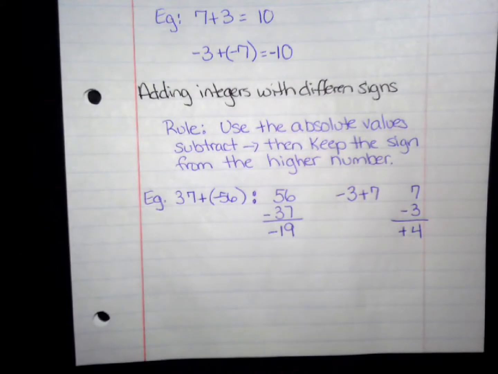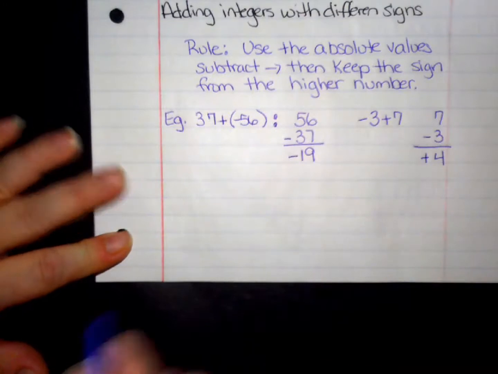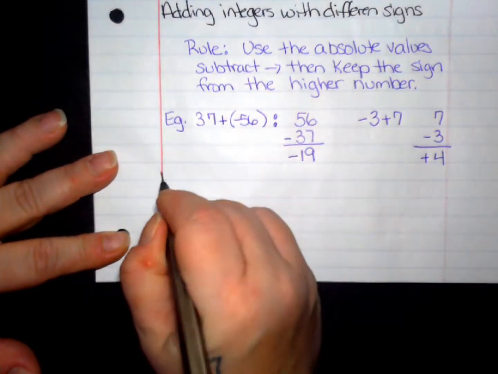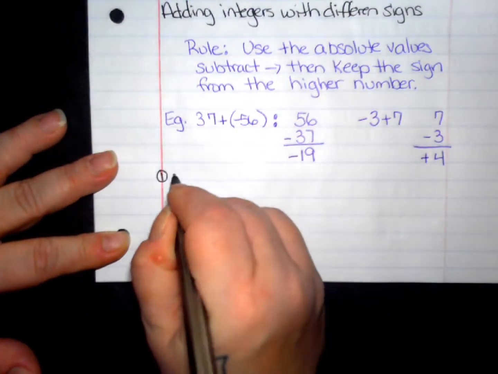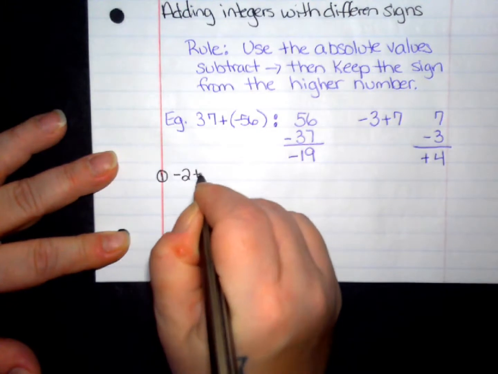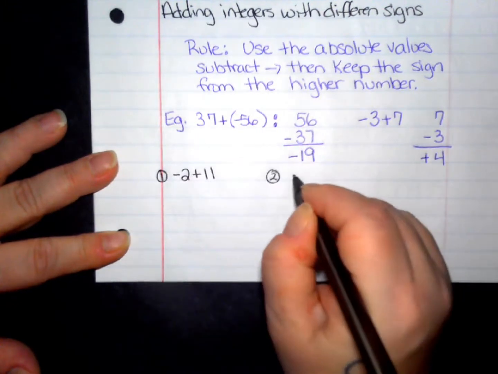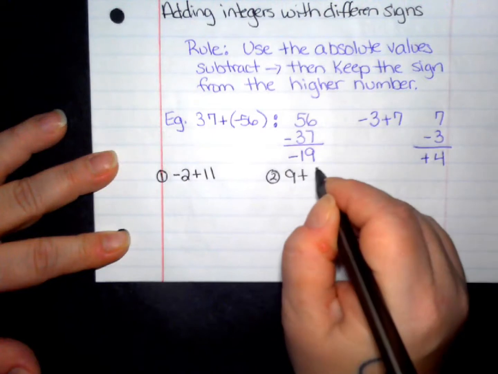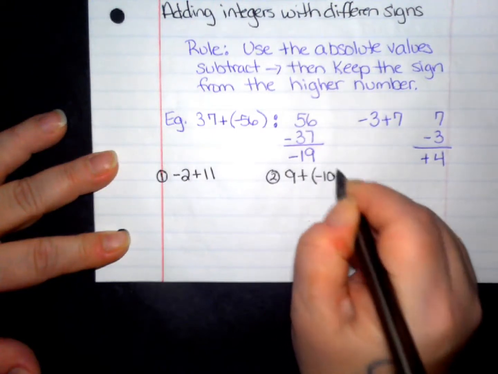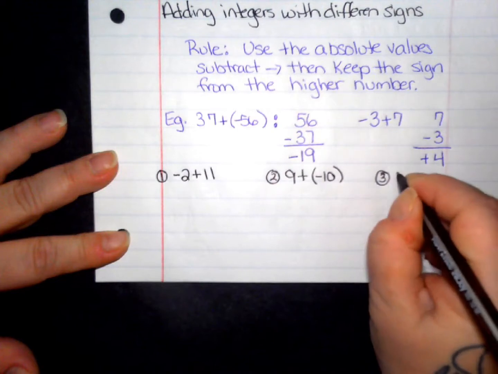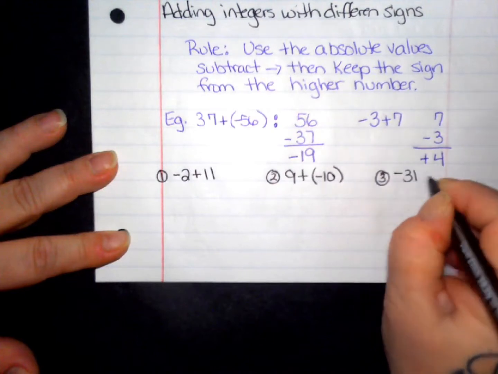Okay. Now I'm going to give you a couple of examples to try using these rules. Okay. So here we go. Number 1, -2 plus 11. Number 2, 9 plus -10. And number 3, -31 plus 31.